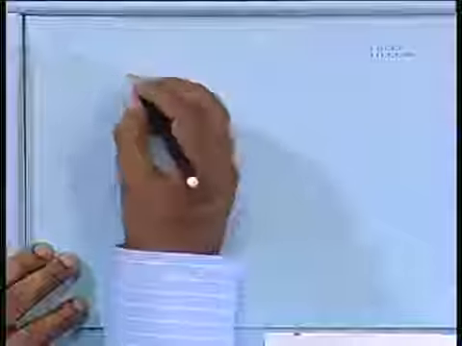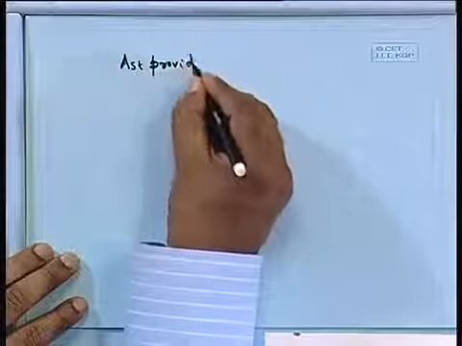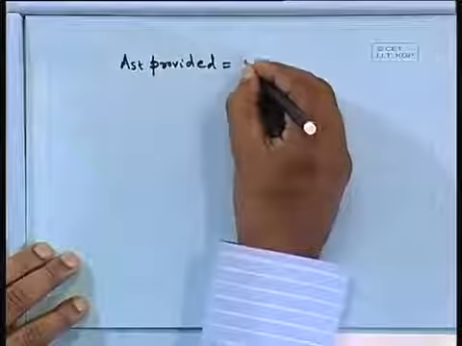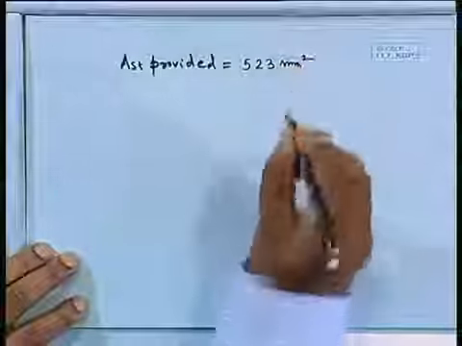So, now we can check. Let us make it very clear: area of steel provided equals 523 square millimeter.